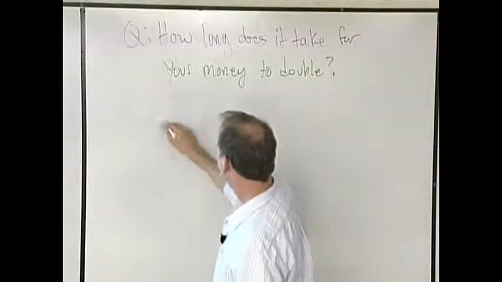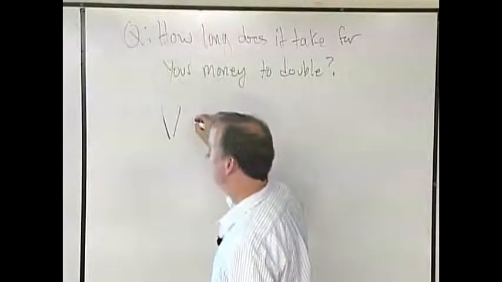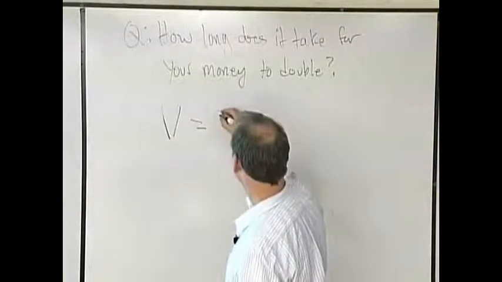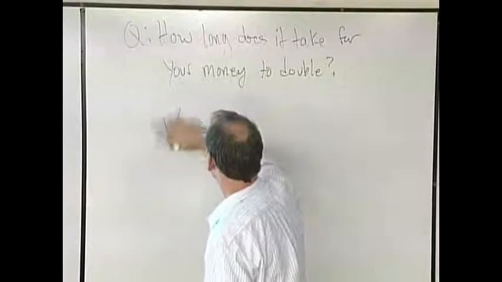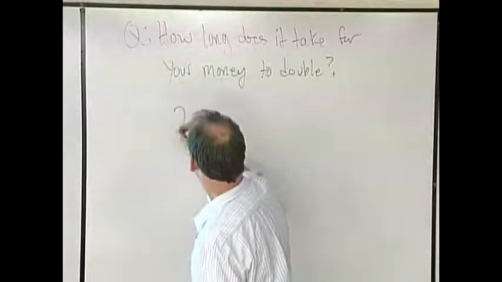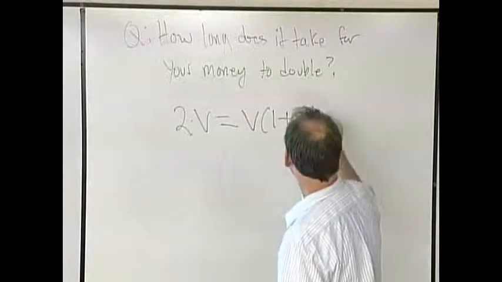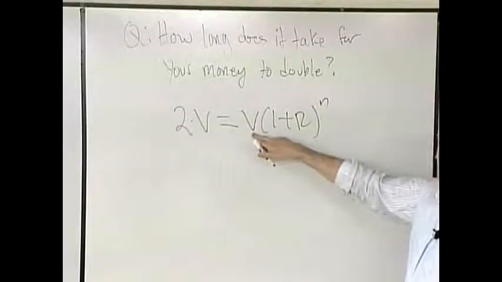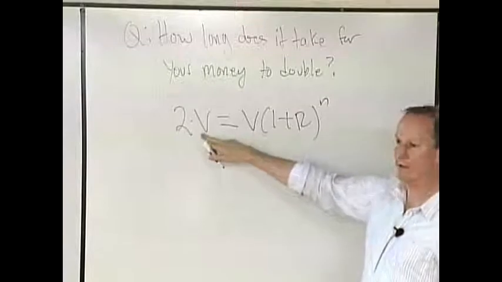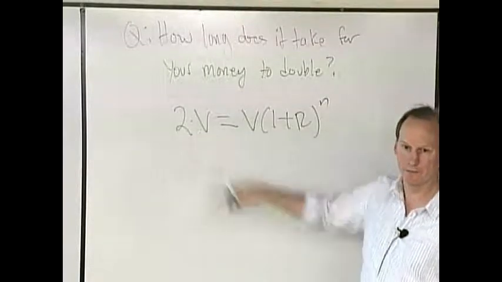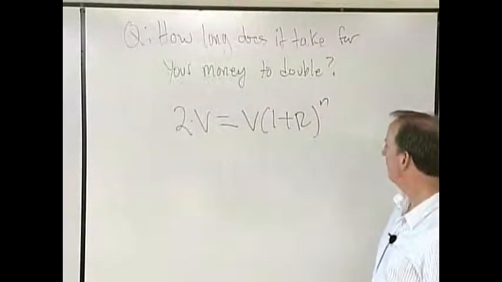I'm going to take my initial investment V, and we want the future value 2V to be equal to V times 1 plus r raised to the power n. So our initial investment is V, and we want our future value to be twice our initial investment. So that's doubling our money, right?